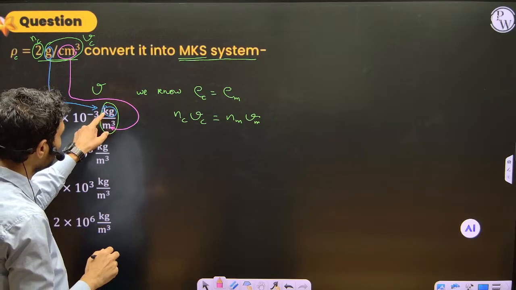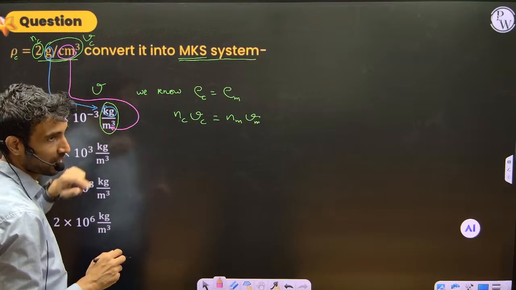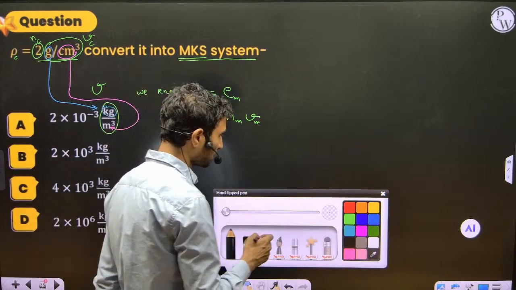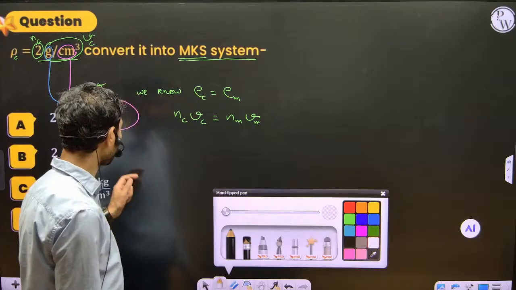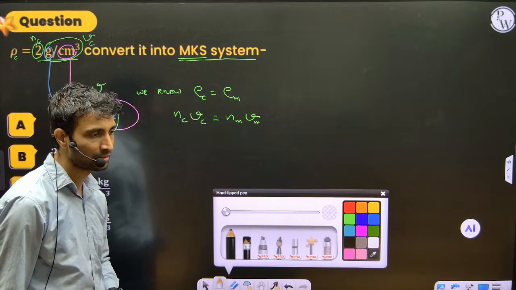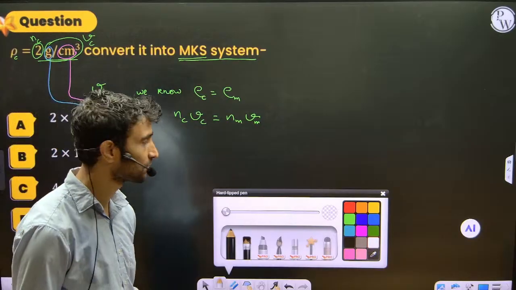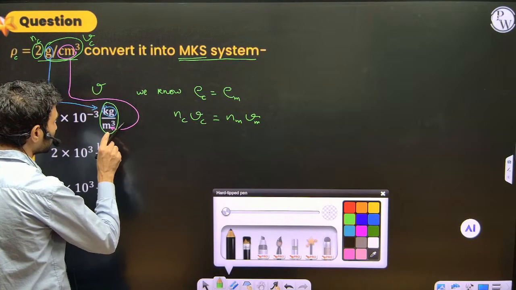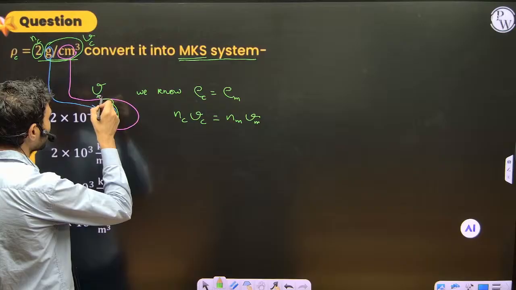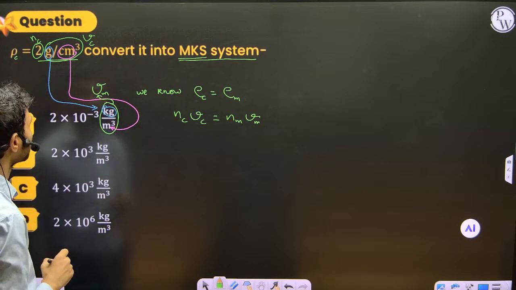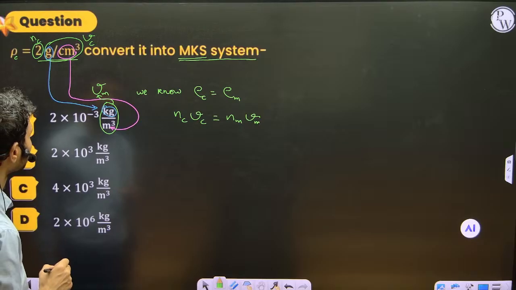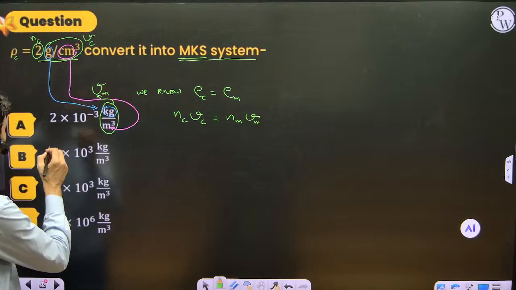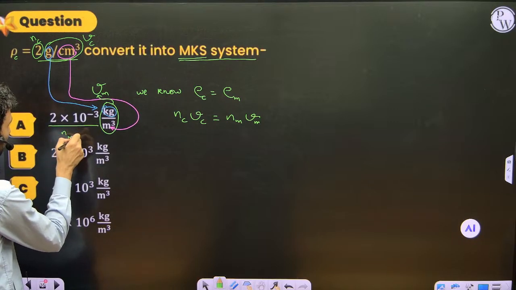So kg is the unit of mass in the MK system, and similarly meter is the unit of length, again in the MK system. So this entire thing is nothing but the unit written in MK system, right? And this is the number written in MK system.